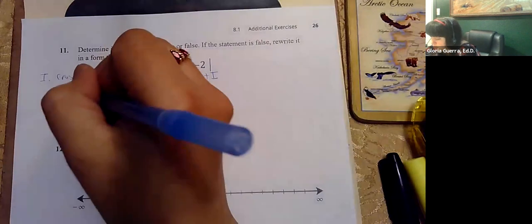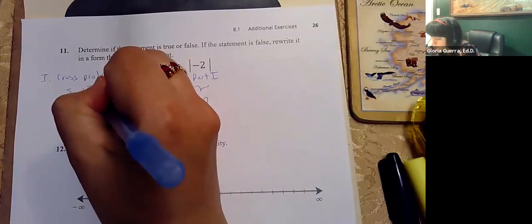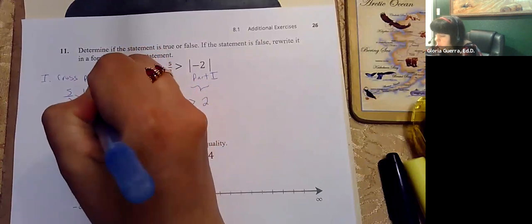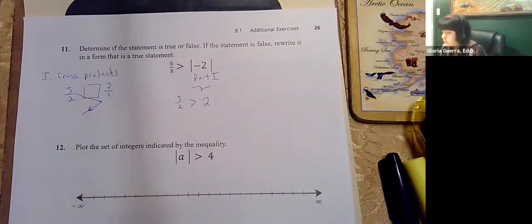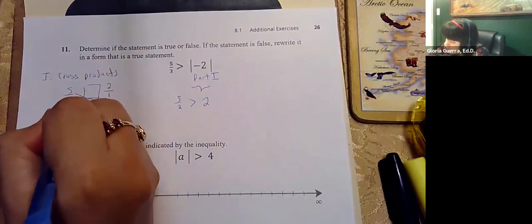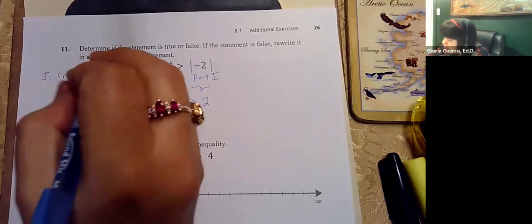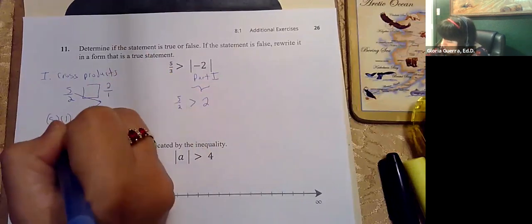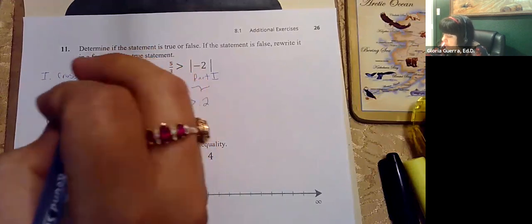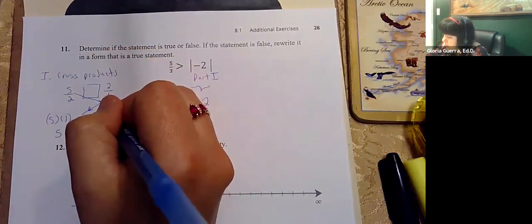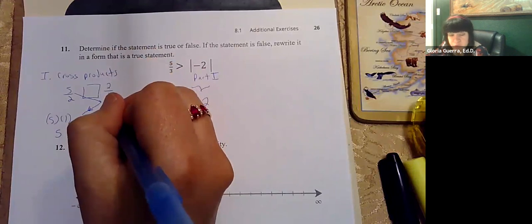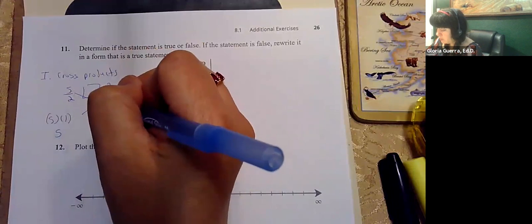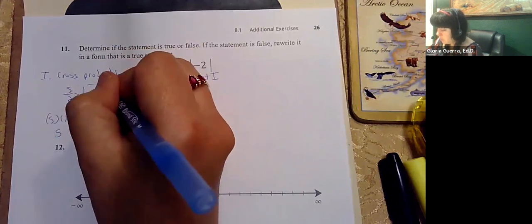The order is important. You have to go this way. So you're multiplying 5 times 1, which is 5. And on the other side, you're comparing 2 times 2, right?